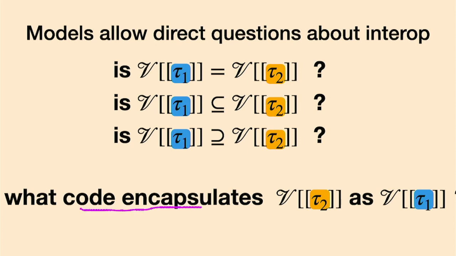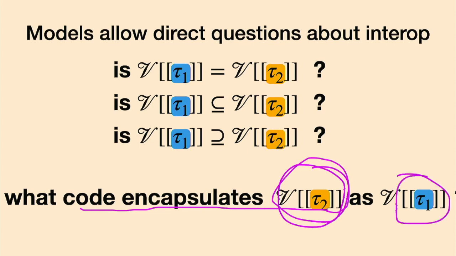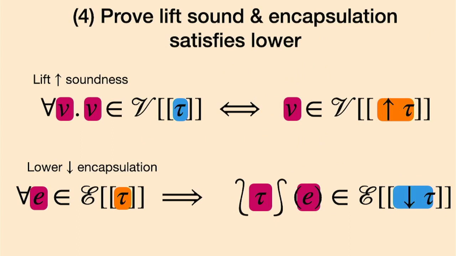We can ask, what can we put around values from this extended language, the linking code, that make it behave as the core code? How do we actually encapsulate, right? And this is sensible to do because all of this stuff is just target code, right? It's all happening in the context of the target.